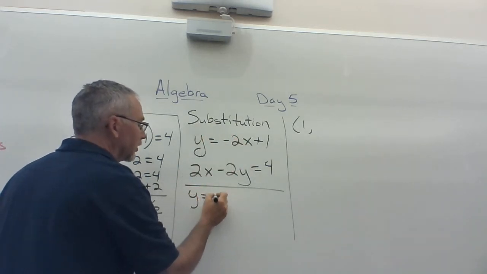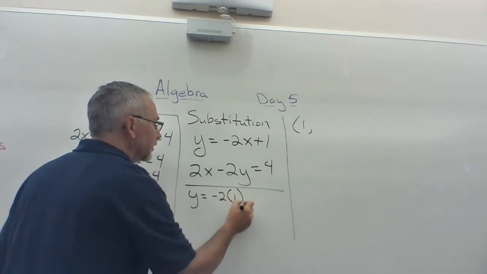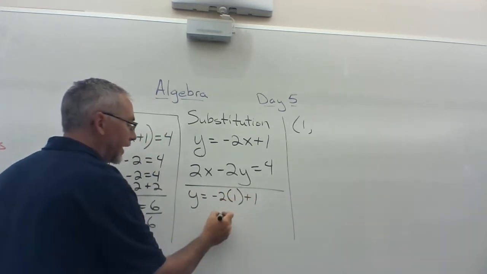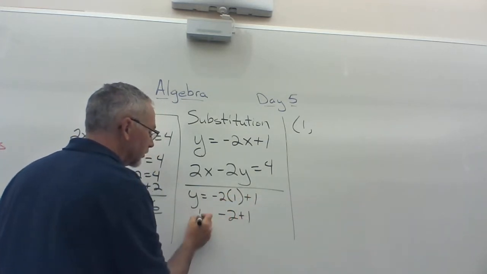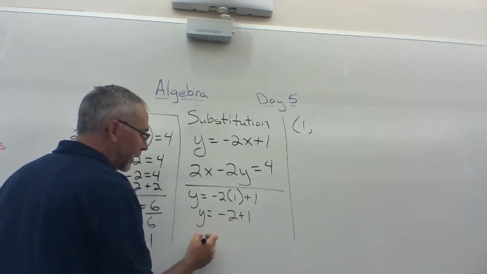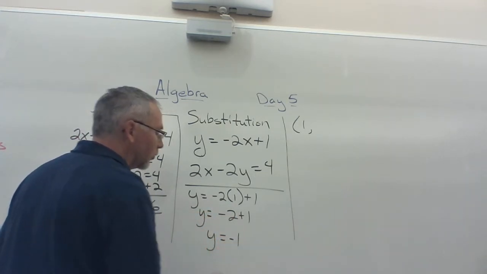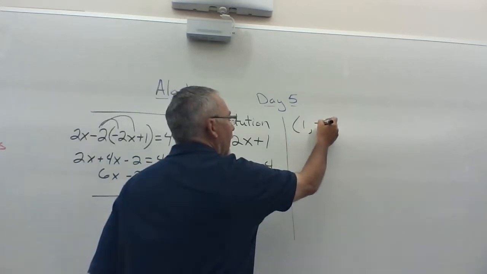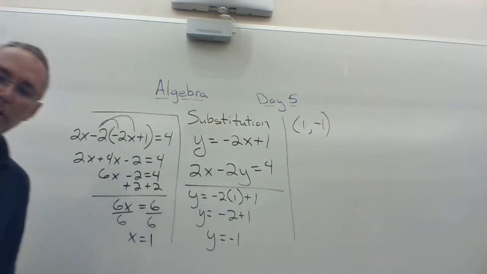y equals negative 2 times 1 plus 1. That just gives me negative 2 plus 1. And now I end up with y is equal to negative 1, which gives me my y coordinate.